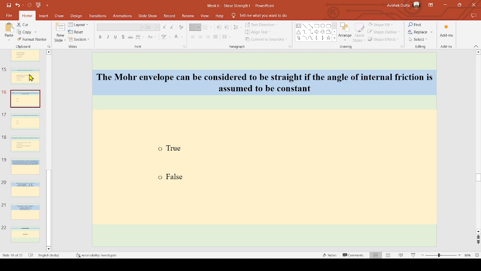This is a true false statement. We have to answer whether this statement is true or false. The statement is: the Mohr envelope can be considered to be straight if the angle of internal friction is assumed to be constant.